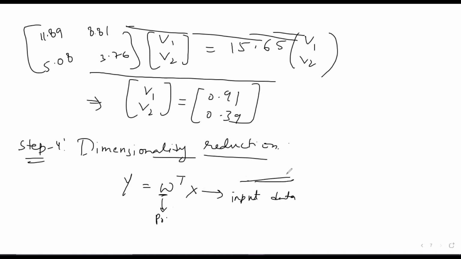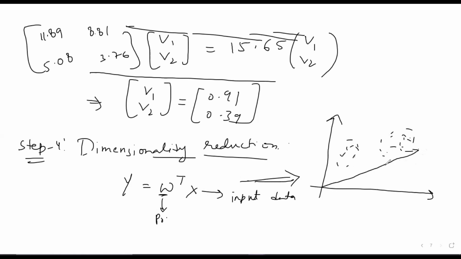So after we calculate this dimensionality reduction, we will end up with a graph that is something like this. Assume these are 2 different data points with our line. And this projection is corresponding to higher eigenvalues. Or the graph could be this as well.